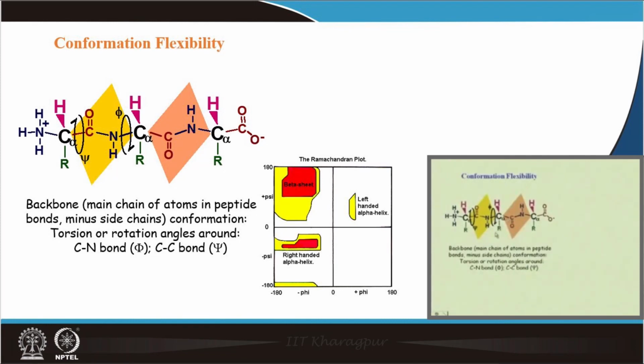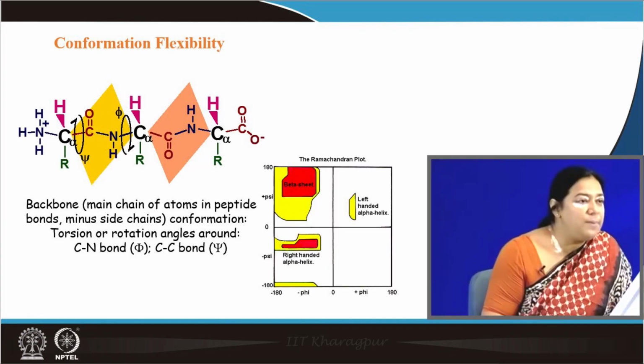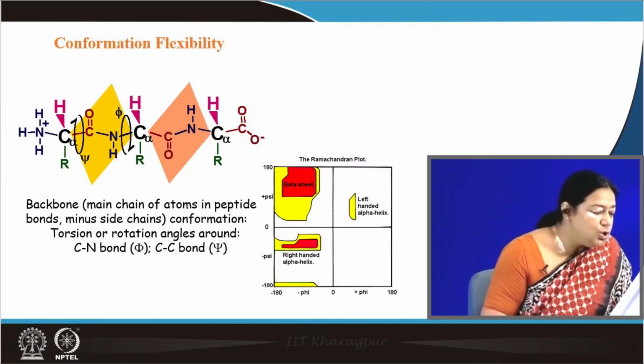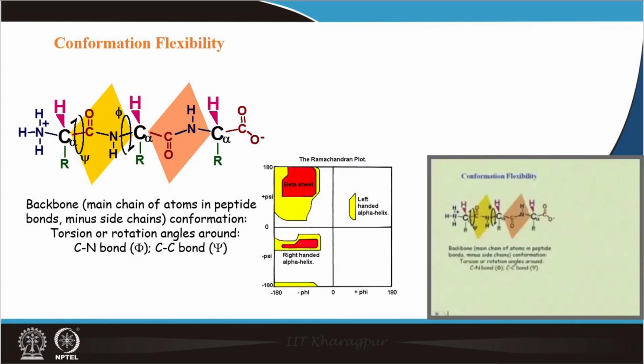So, I define specific phi psi angles that define the geometry of the polypeptide chain, the amino acid disposition. So, you understand that now if I rotate this, what is rotating along with it? The R chain. The R has rotated along with it. If I rotate this, what is happening? This is moving also.